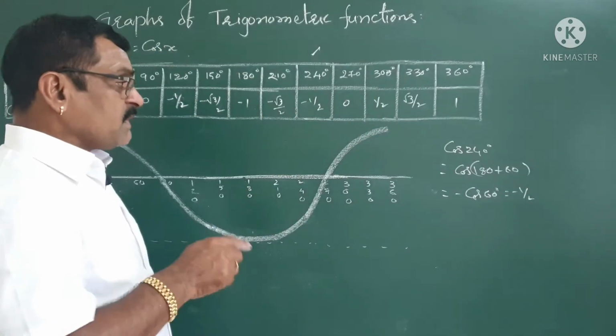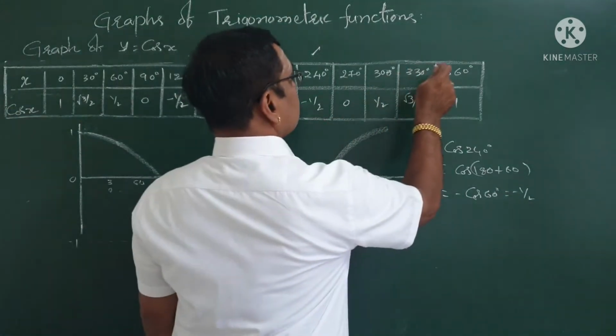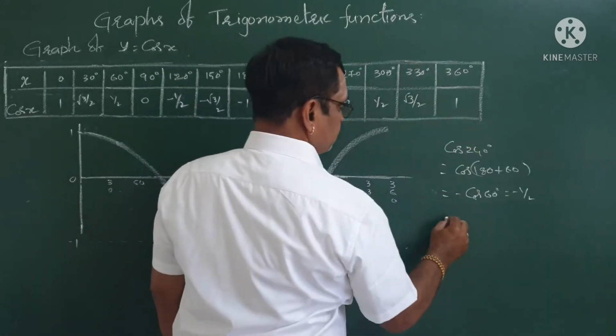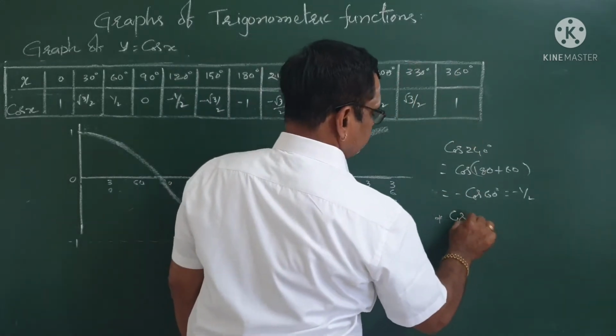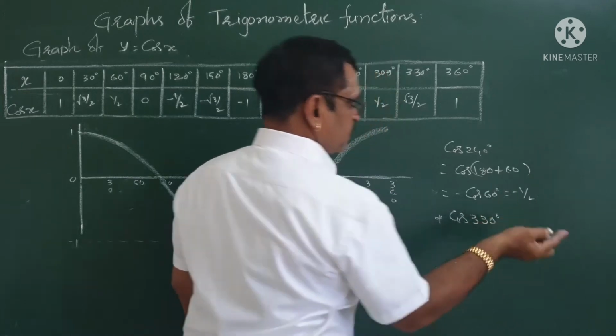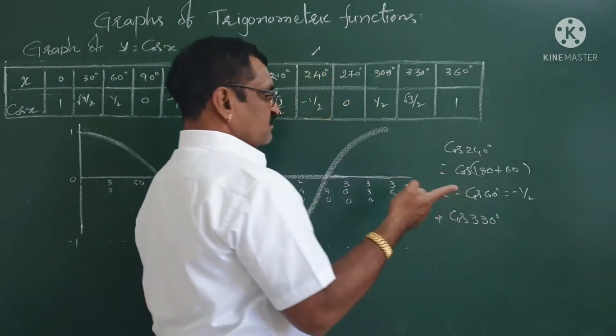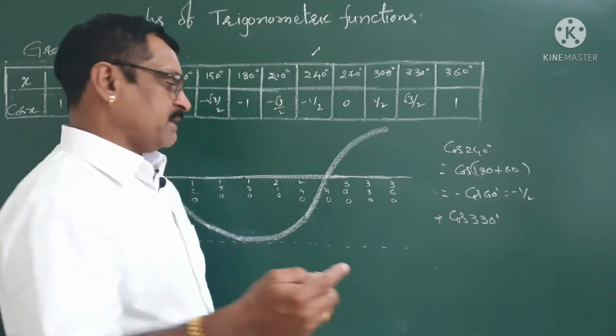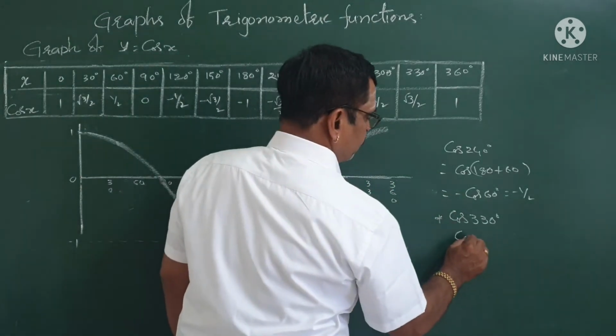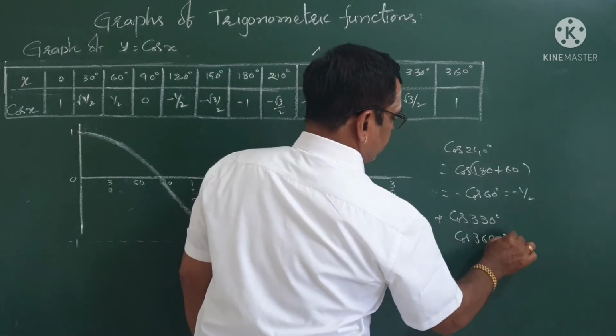Similarly, I can go for, say for example, 330 degrees. How can I do it? Cos 330 degrees, I can write this as 360 minus 30. I'll go for cos of 360 minus 30.